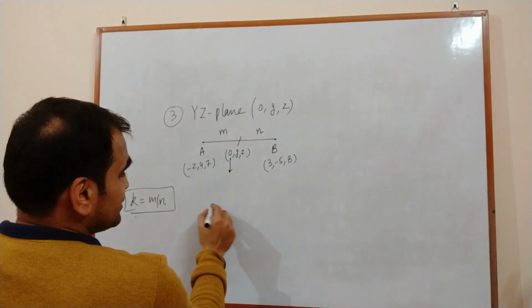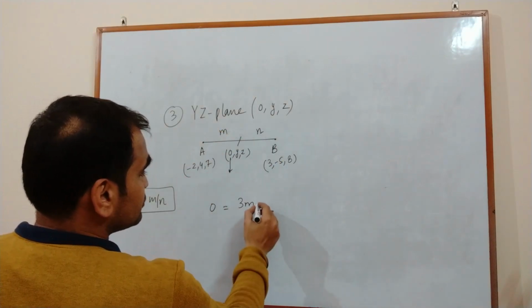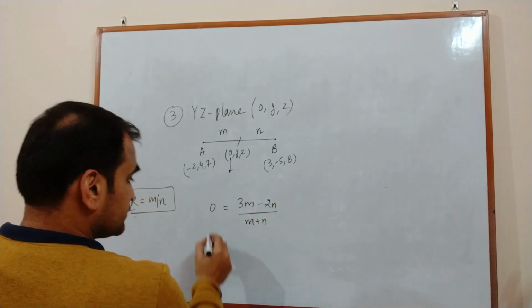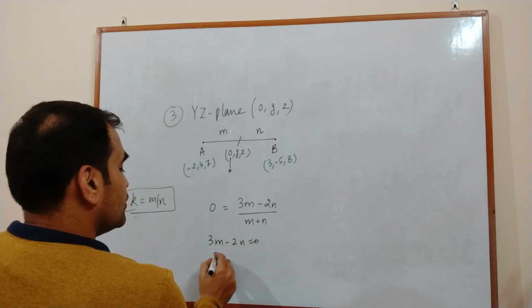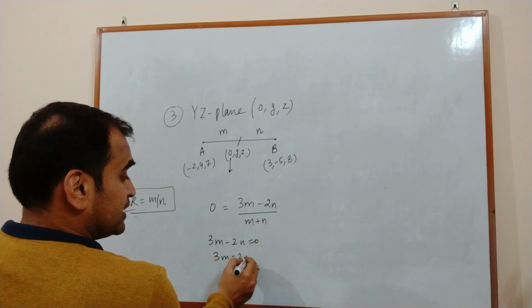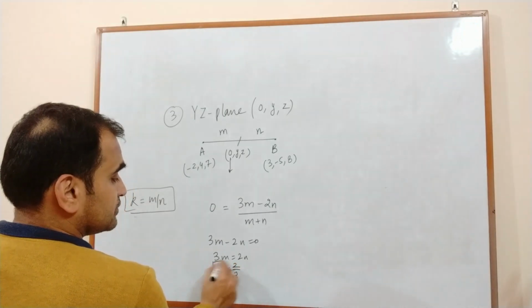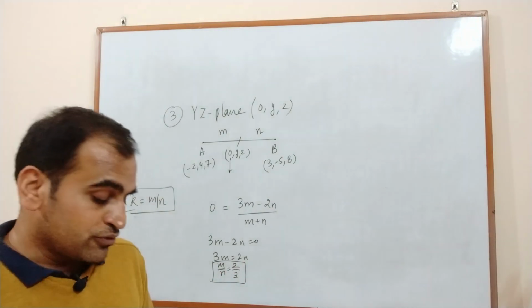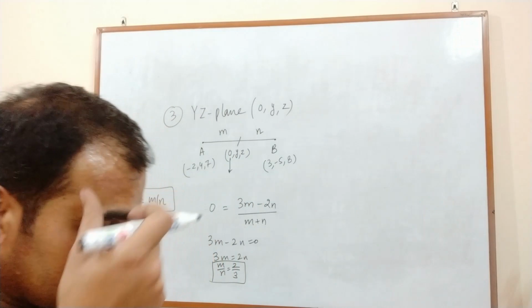So we can say 0 = (m×3 + n×(minus 2)) divided by (m + n), so 3m minus 2n = 0, or 3m = 2n, or m ratio n = 2 ratio 3. That's it. Simple. So by using this section formula, we can solve question number 3.